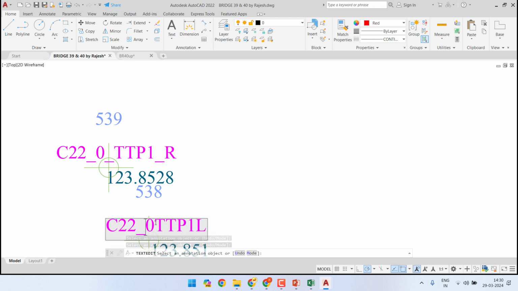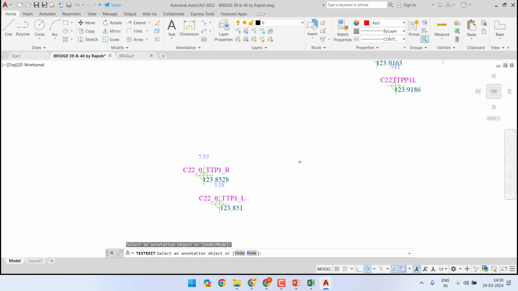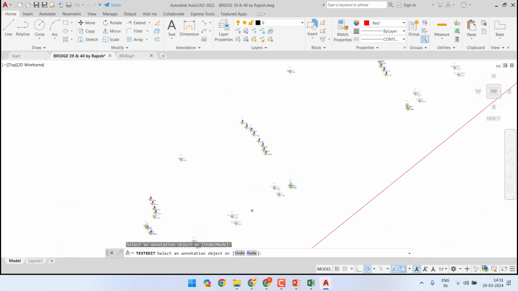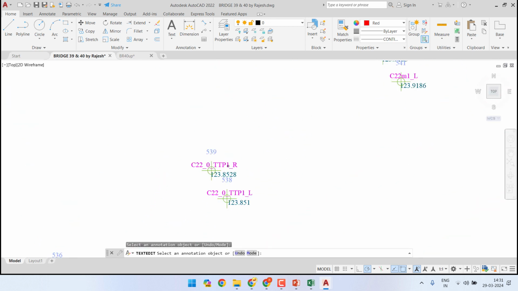curve number 22, station number 0, which is TTP1 and left side of the rail, and this is actually not P1, this is -1 actually, so we will correct it as M1 underscore L, and this is also M1 underscore R. Alright, so this is curve 22 TTP1R, curve 22 TTP1L.